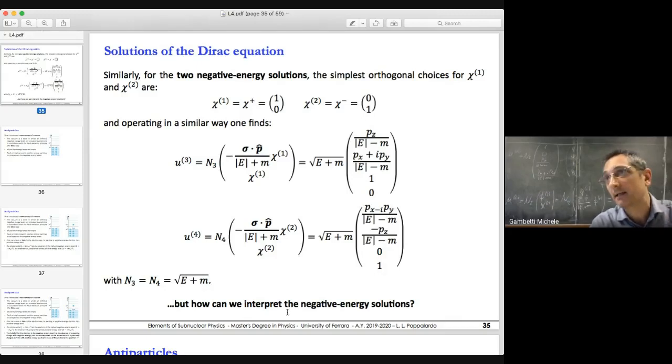But the fact that it also allows for negative energy solutions was a real problem for the theoretical community at the time. The physicists were really skeptical that this theory could work because it allows for unphysical negative energy solutions. But Dirac was really convinced of his theory, and so he provided a mechanism to explain these negative energy solutions.